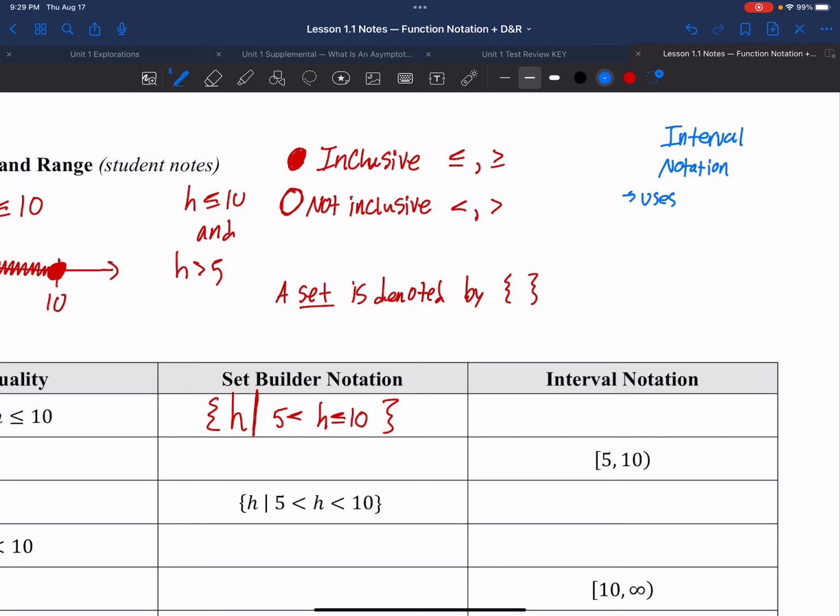It uses parentheses and it uses brackets. Okay? So interval notation is going to use parentheses and brackets in any combination. So for example, it could be bracket, comma, parenthesis. Okay? That can happen.